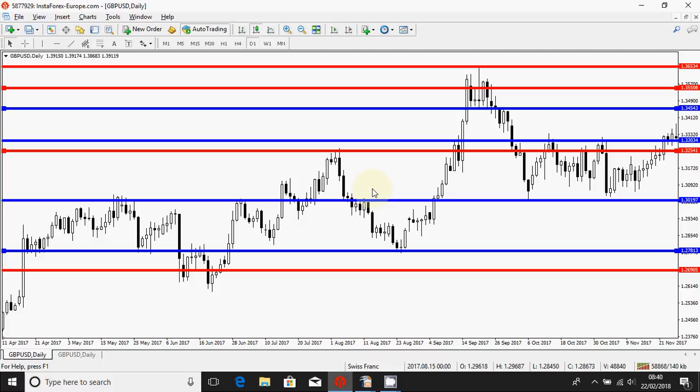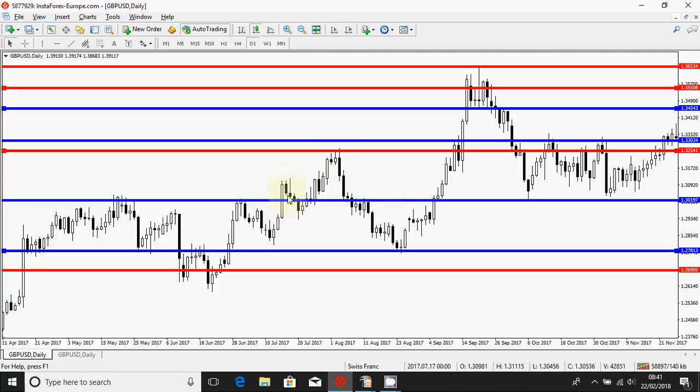Okay, let's look at those. For example, here price did obey the support line. Price did eventually obey the support line here after it had broken it. However, here price did not actually obey the resistance line. It broke the line, and eventually it breaks it again.